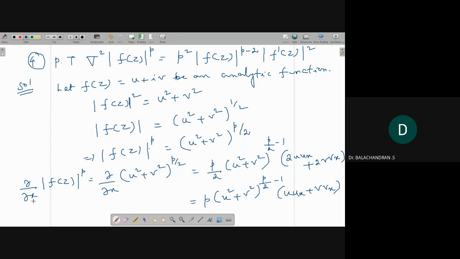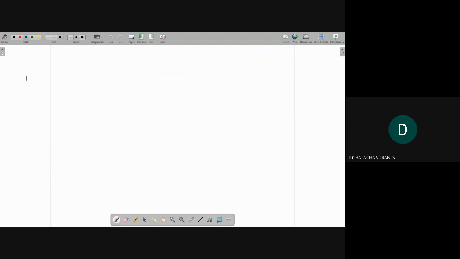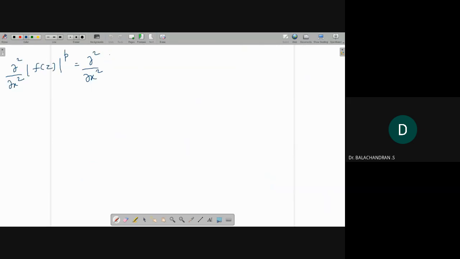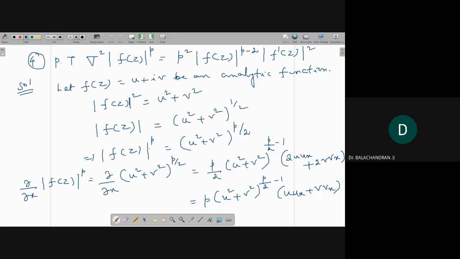Dou square by dou x square of mod f of z whole power p, that is dou square by dou x square of u square plus v square whole power p by 2. I am going to differentiate this function once again.